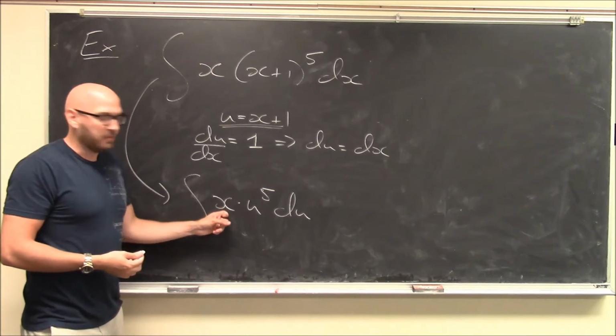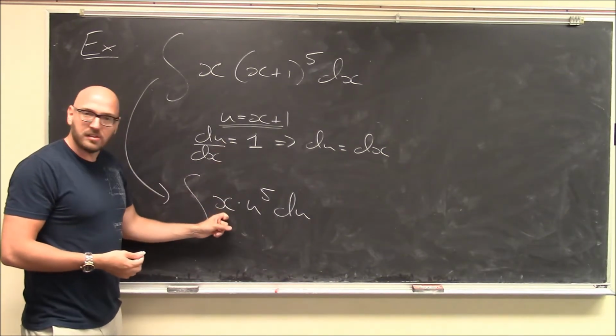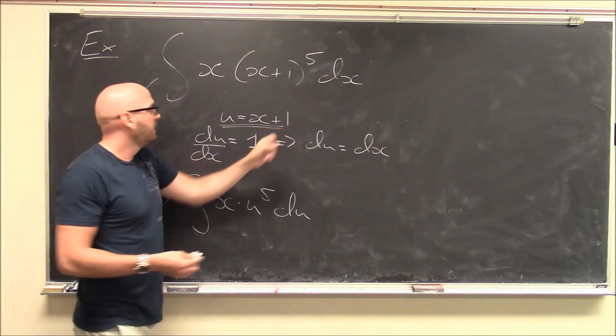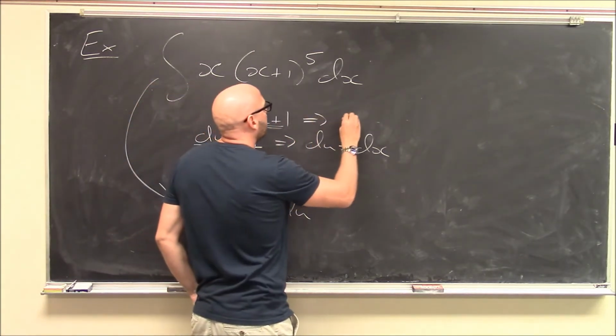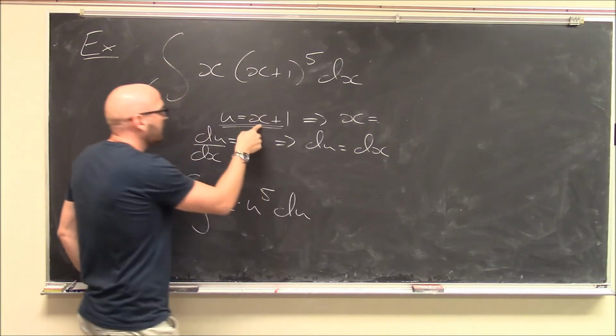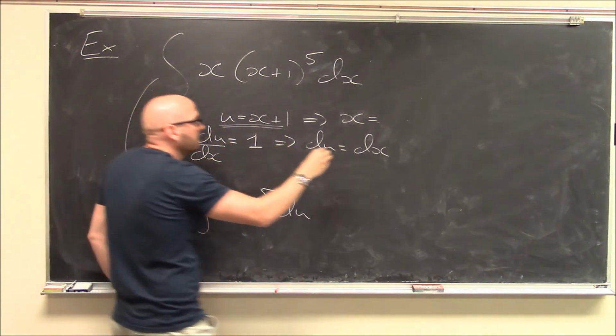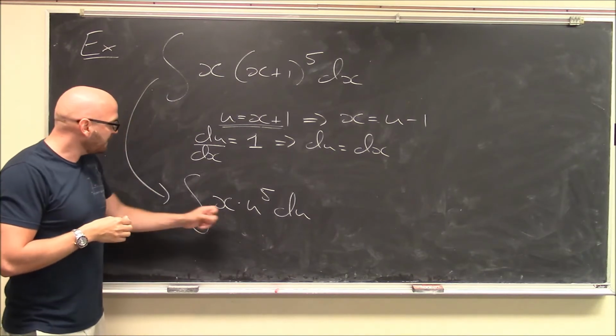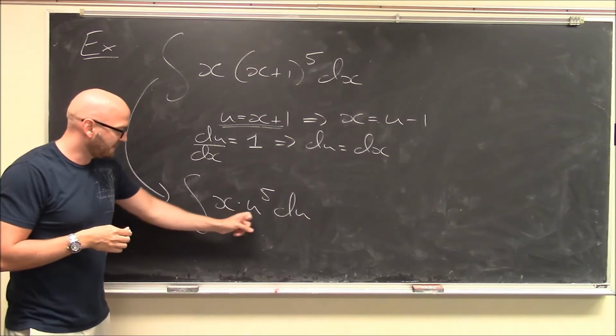I still have this x left over, but hold on, I can write this in terms of u. What I mean by that is if u is x plus 1, then what does x equal? X would be u minus 1, right? So I actually can write this whole thing in terms of u.